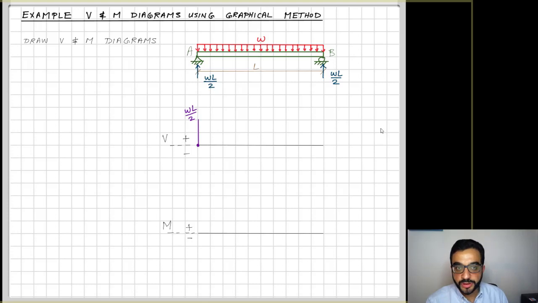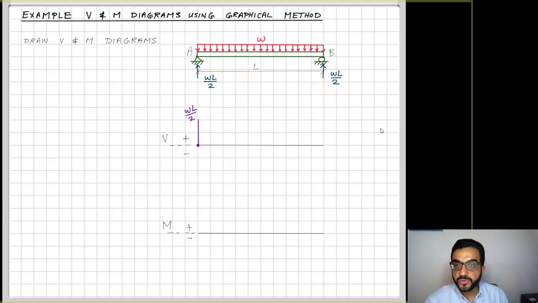Because there is no intermediate point load or moment, I direct my attention to the end of the beam, point B. The distributed load here is continuous and uniformly distributed, so there is no point in the middle where I expect a discontinuity.